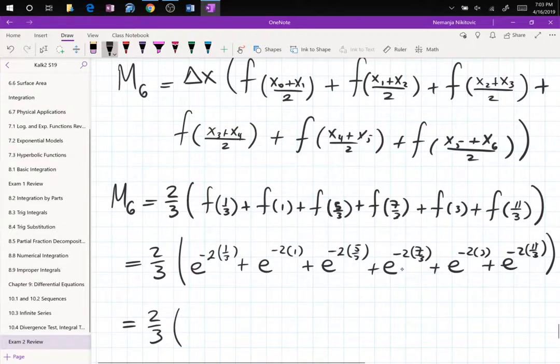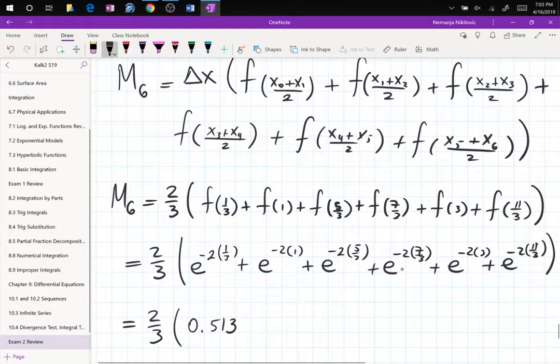All right, so at 1/3 I have 0.513, let's say 3 decimals.